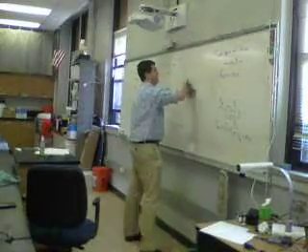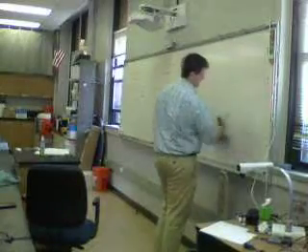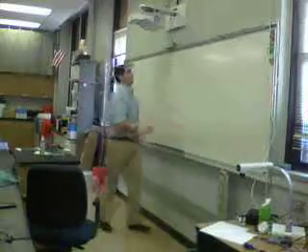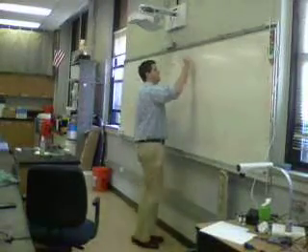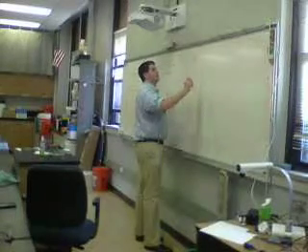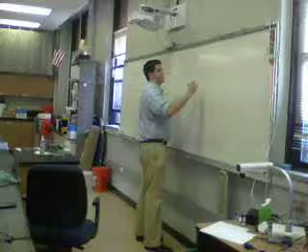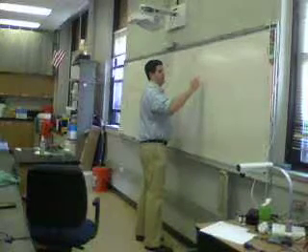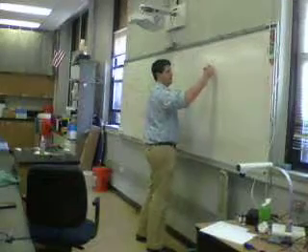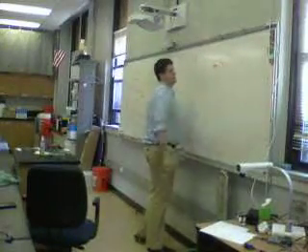I want you guys to try an example first. All right, this is example 2. Let's say a person is standing on an elevator and he experiences a normal force of 450 newtons.